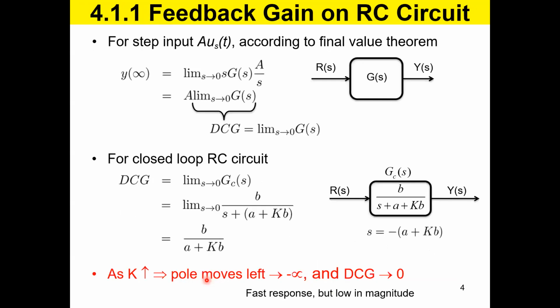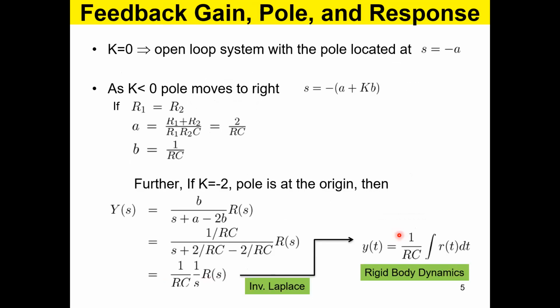So when K is 0, the DC gain is B over A, and the pole is minus A. It is the open loop case. Then when K is negative, what will happen? This is the pole. When K is negative, this whole thing goes less than A, but it is still negative. So which means the pole is moving.